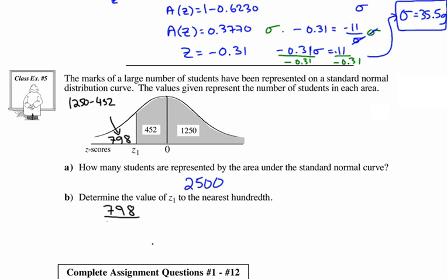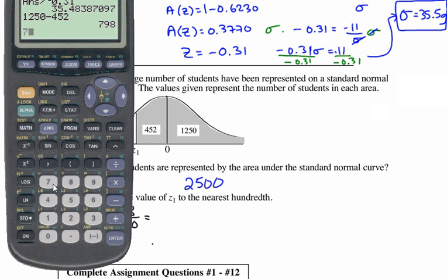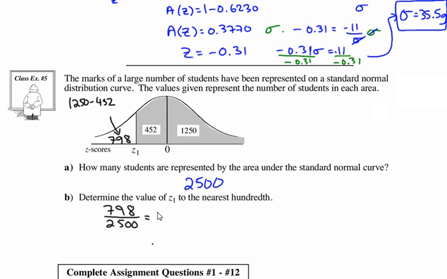798 over 2,500 tells me the area under that portion is 0.3192, or 31.92% are to the left of Z1.